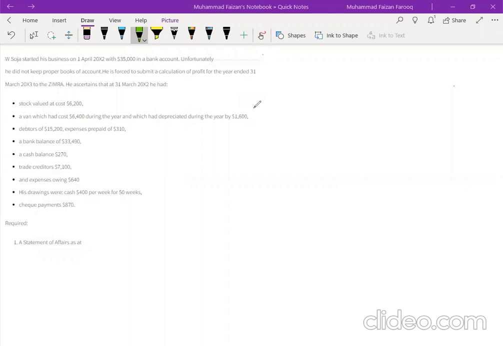A statement of affairs is a technique, or you can say an opening balance sheet, an opening statement of financial position, which we make in order to find out the capital balance. In order to find out capital balance, we are using the statement of affairs technique. So it's a simple balance sheet, statement of financial position, but we will take only opening balances.